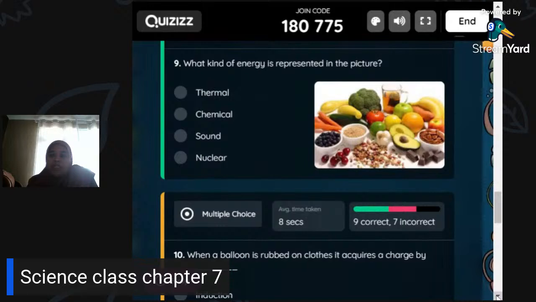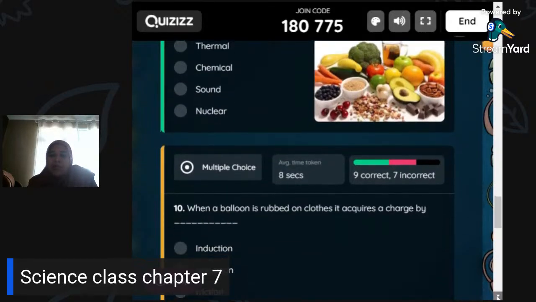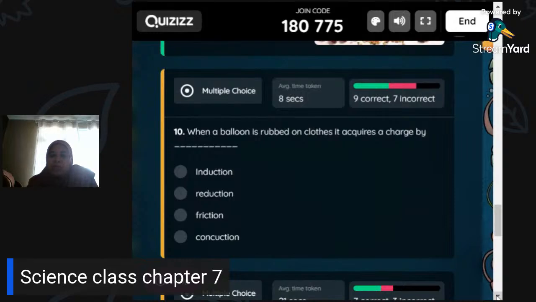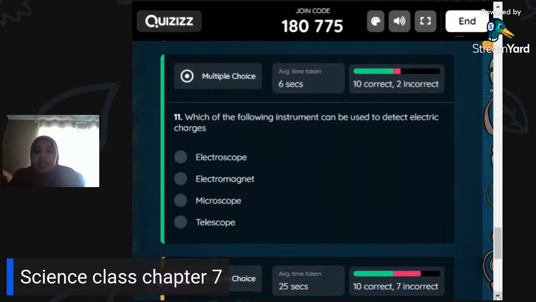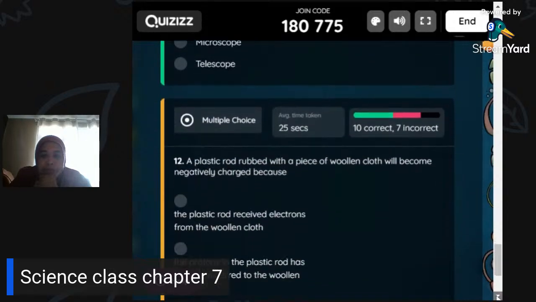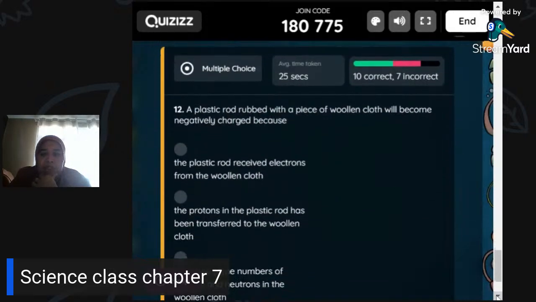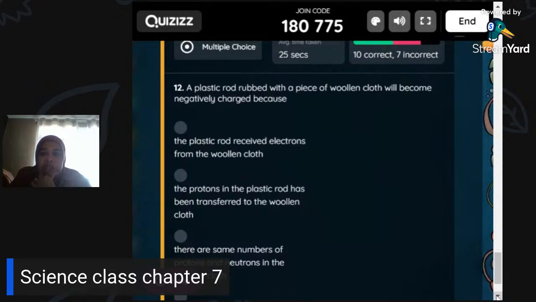What kind of energy is represented by the picture? Food is what kind of energy? When the balloon is rubbed with cloth, it acquires a charge. Which of the following instruments can detect electric charges? A plastic rod rubbed with a piece of woolen cloth will become what?